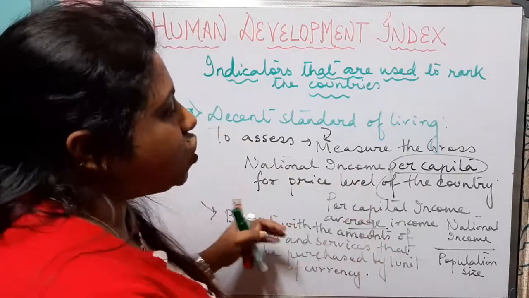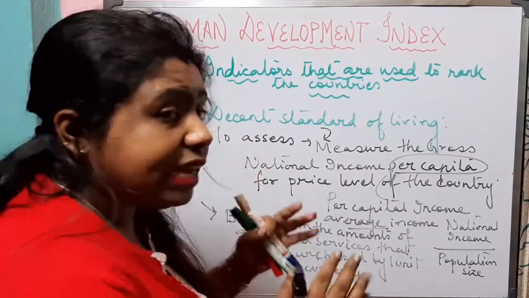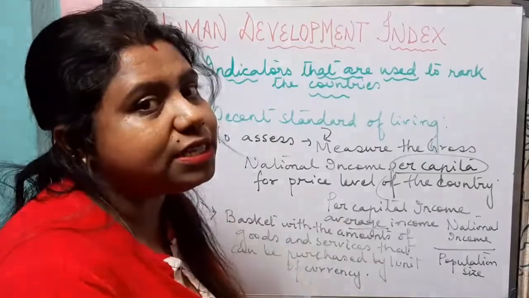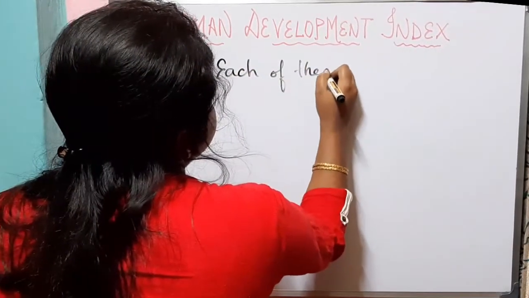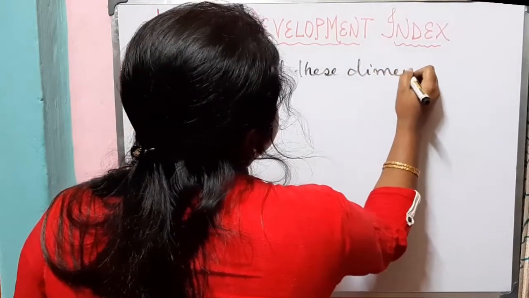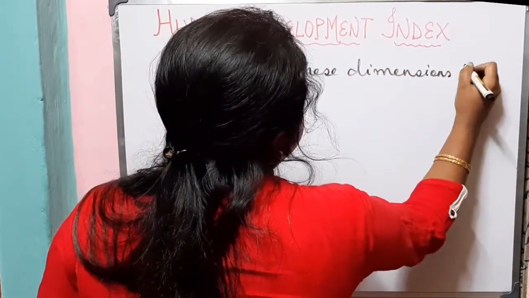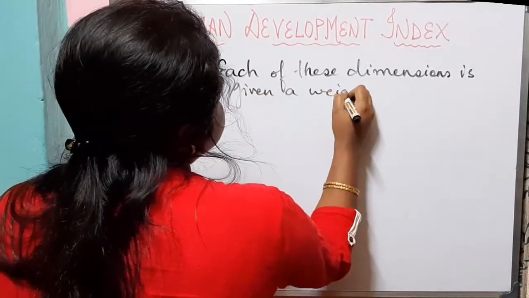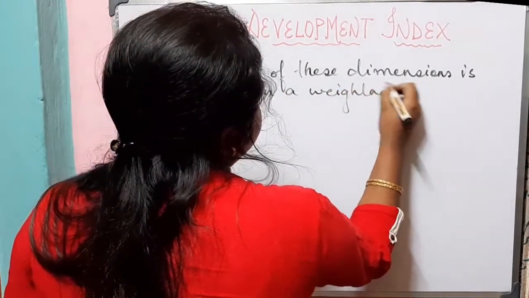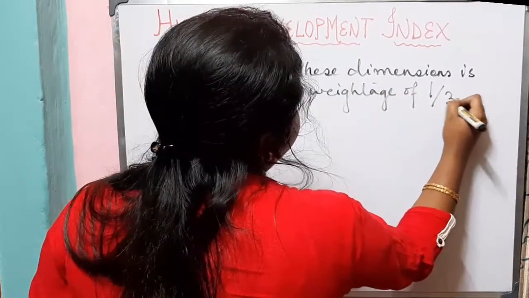Now, these dimensions have been given certain weightage. Let us know what weightage has been given to these dimensions. Each of these dimensions is given a weightage of 1/3.